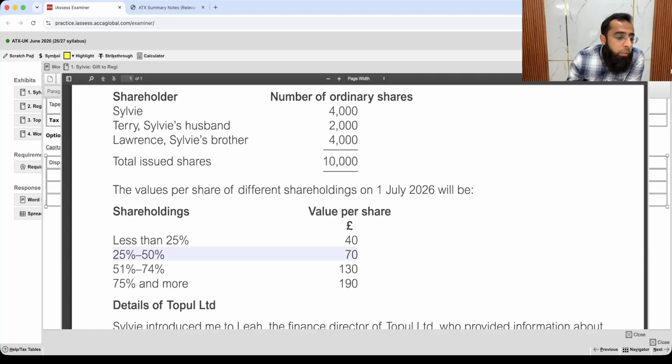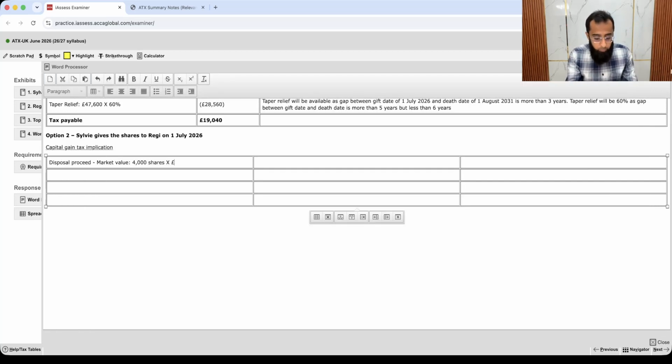So each share is worth £70. Valuation of 4,000 shares will be based on a 40% shareholding of Topul Limited. So 4,000 shares into 70 pounds is 280,000 pounds, less the cost.